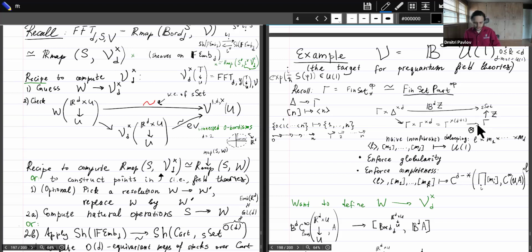This monoidal structure, let me emphasize, is not Cartesian, because the product of sets is not the categorical product in this category. The categorical product in this category will be different.